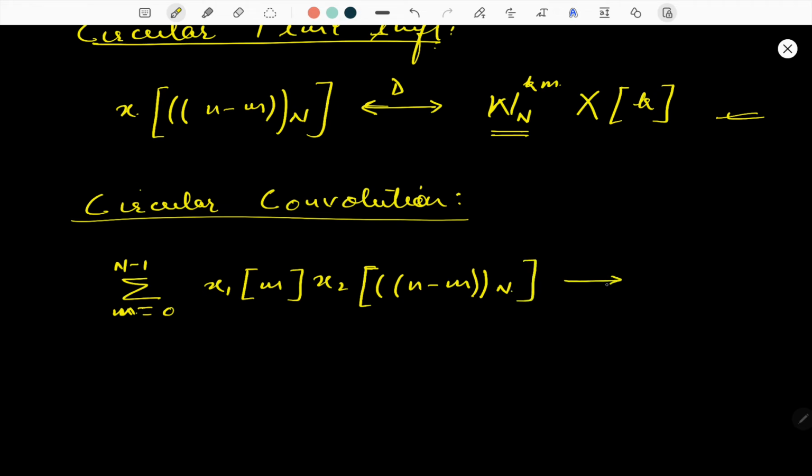The discrete Fourier transform of this will become X1(k) times X2(k). So this is a circular convolution.